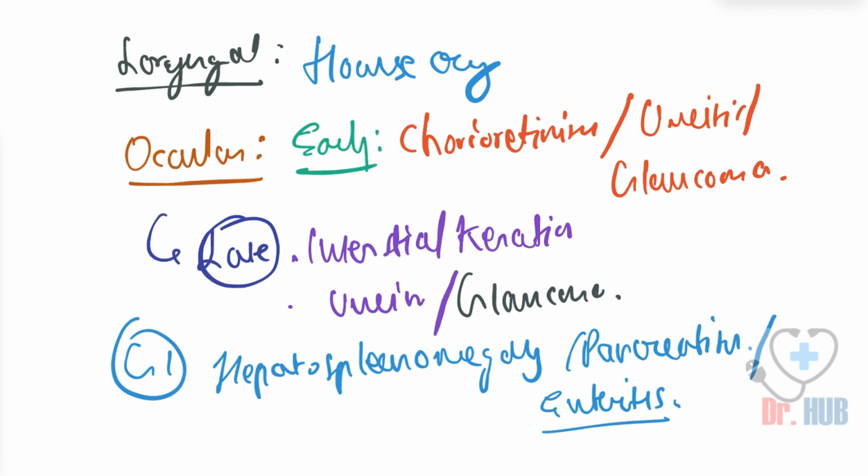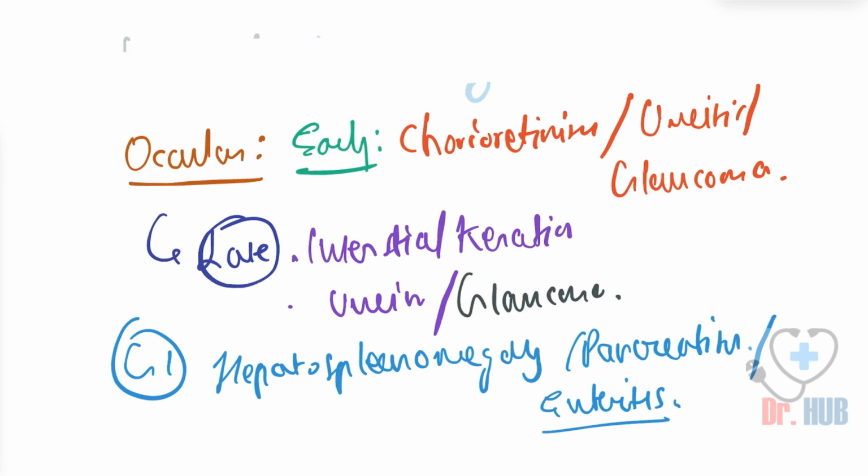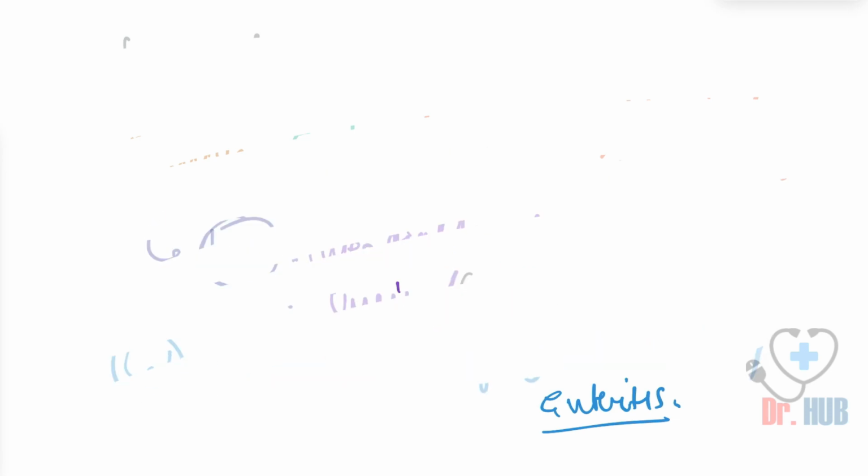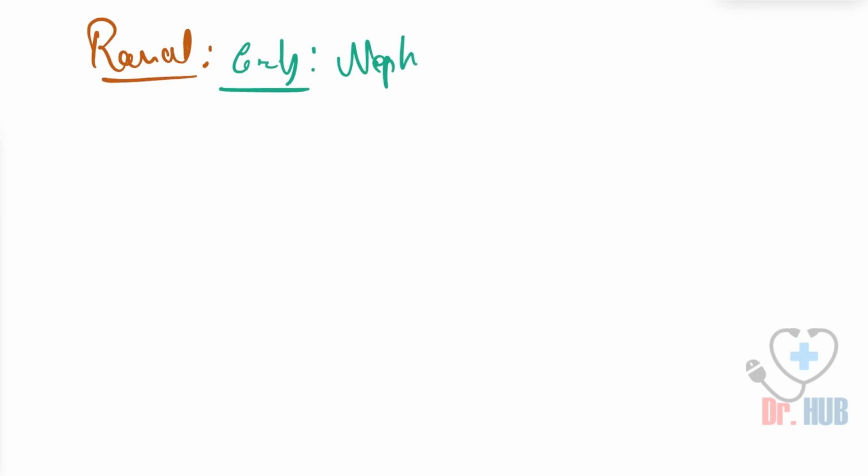So all these features are included in the gastrointestinal. After this, we also look at the renal. What does this renal include? Under renal, we are looking at the early features. Under early, there is nephritis, edema, as well as ascites. So all these features are present.